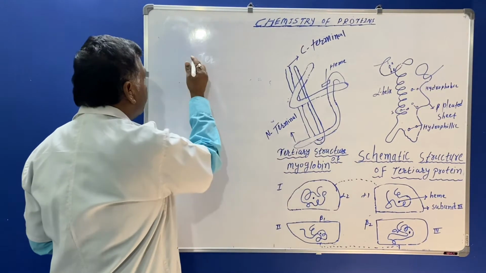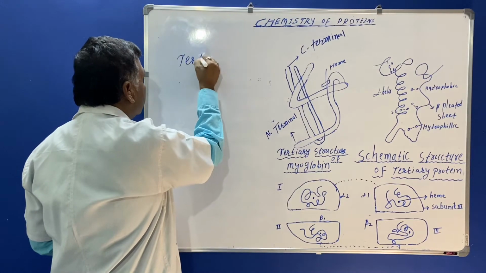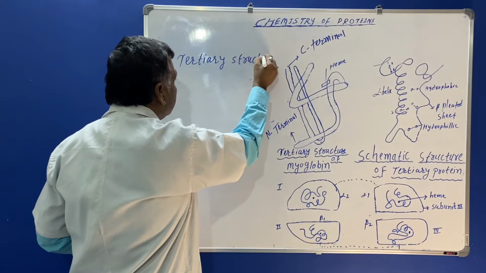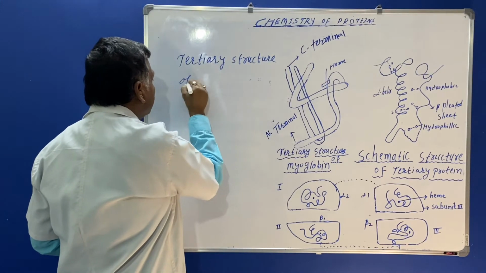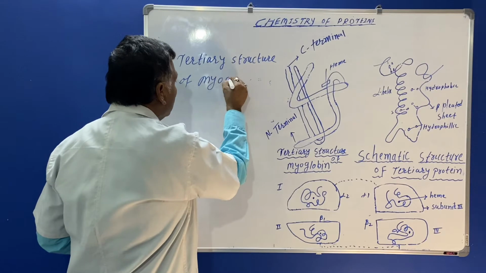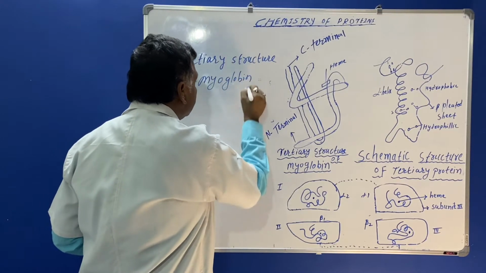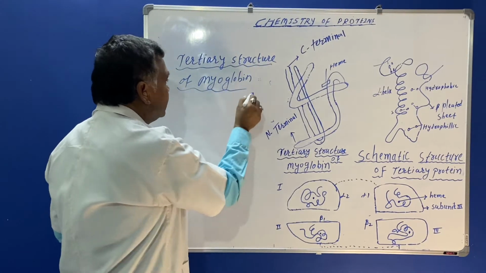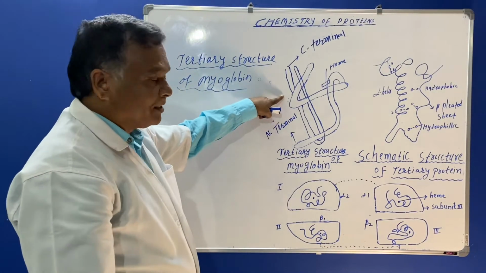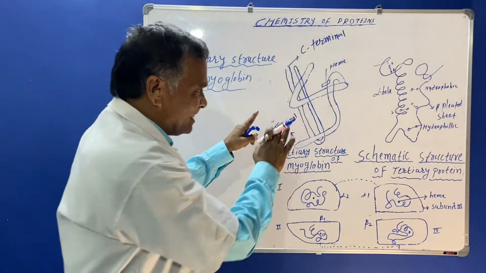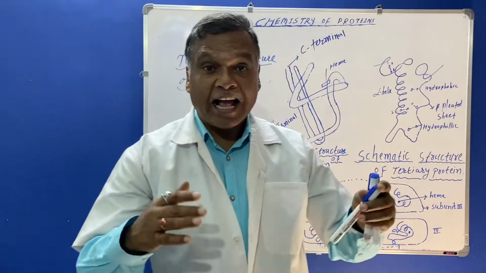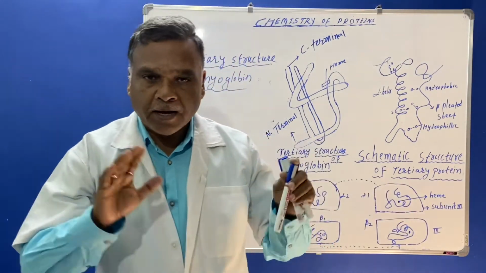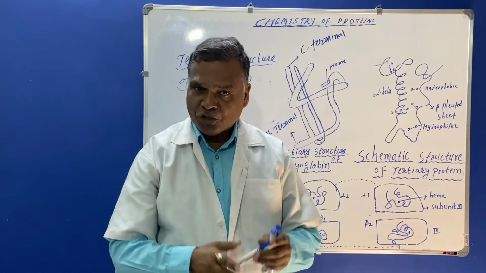This is a tertiary structure of myoglobin. So the structure of this myoglobin is given. You will feel it is a complicated one, but it is not complicated. In the examination, how to draw the figure I will show you, don't worry.